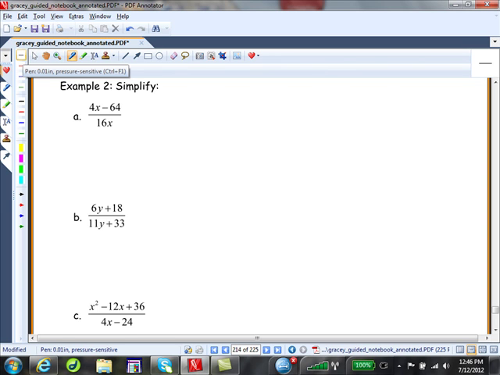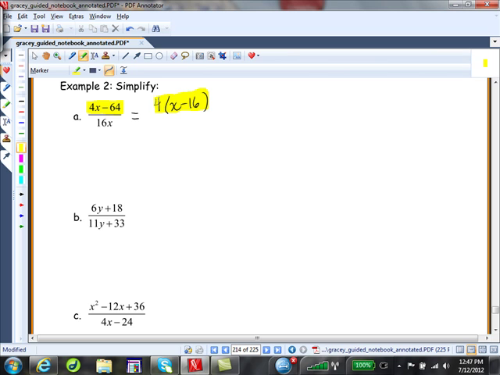So here we want to end up with one fraction, one happy fraction that's been simplified. So to do this, we need to factor. So we can factor out a 4, and we're left with x minus 16.